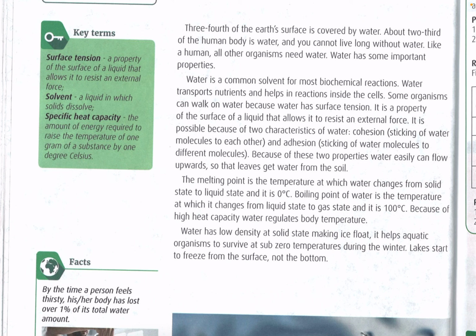The second property is solvent. Solvent means растворитель, meaning that it is liquid which can dissolve some substances. And the last thing is specific heat capacity. It's the amount of energy which is required to raise the temperature of the liquid by 1 degree.